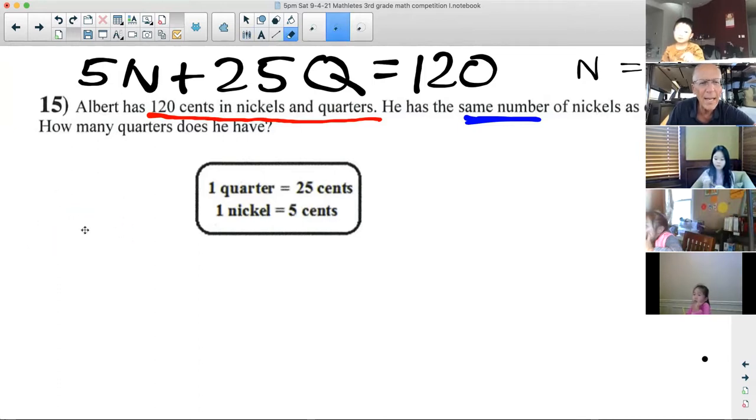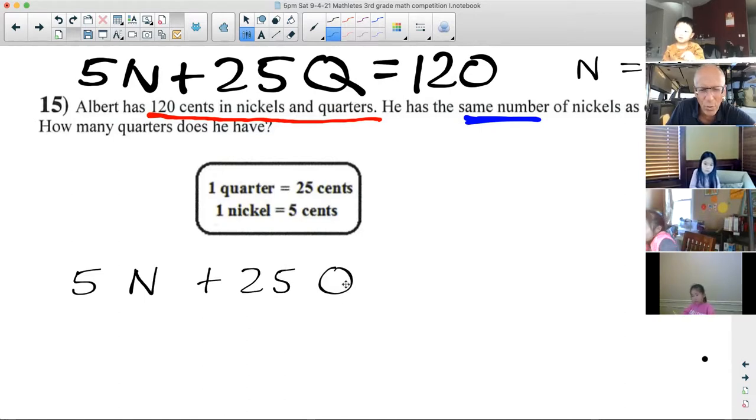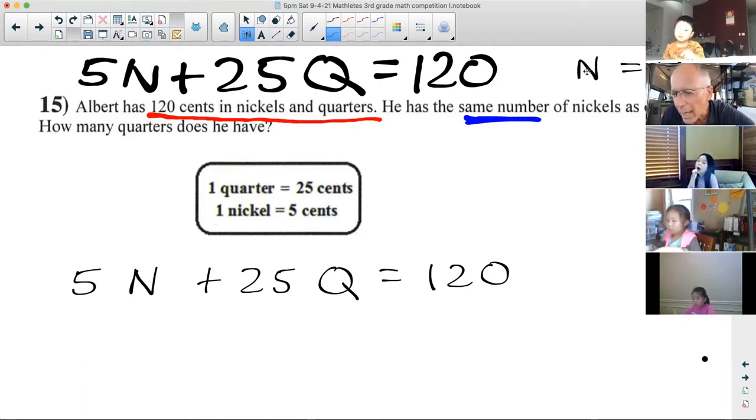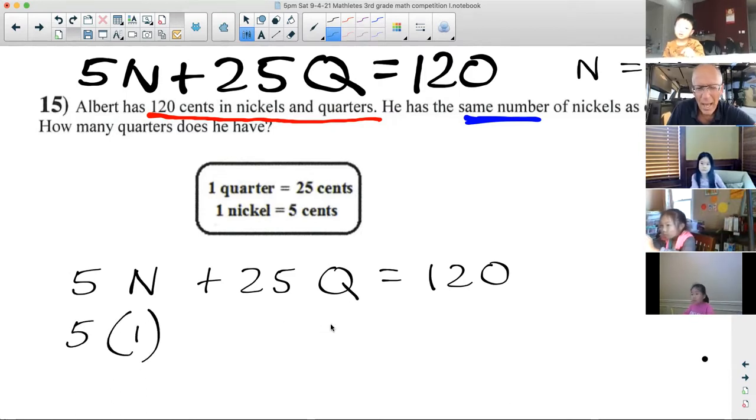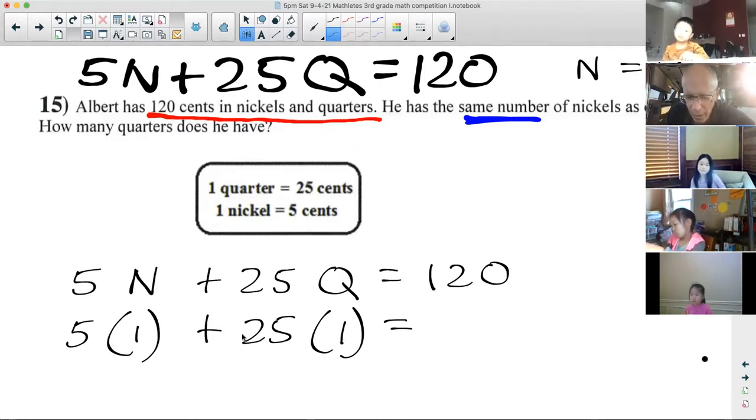So here's what I'd like to propose. Let's take this equation and write it lower down: 5N plus 25Q equals 120. Now, we know that the nickels have to equal the quarters. Therefore, let's say I had 1 nickel and 1 quarter. 1 nickel is 5 cents, 1 quarter is 25 cents.